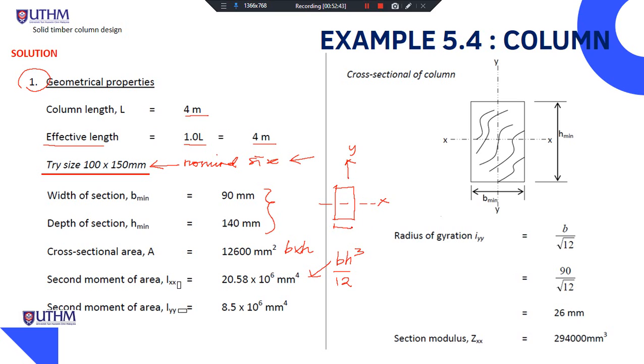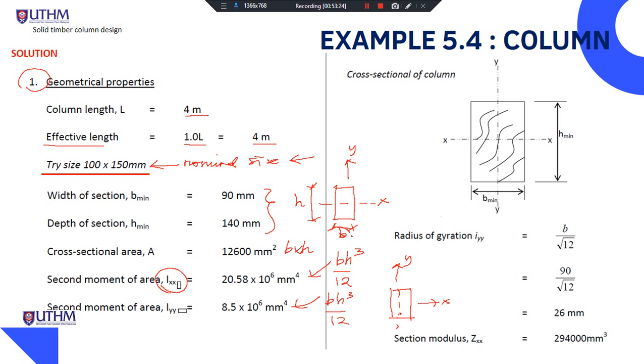This is X, this is the B, and here is the H. So for the Ixx in the X direction, this is the B. Meanwhile for the Iyy, similar to this equation, BH cubed divided by 12, where for this case, this is X, here is Y.